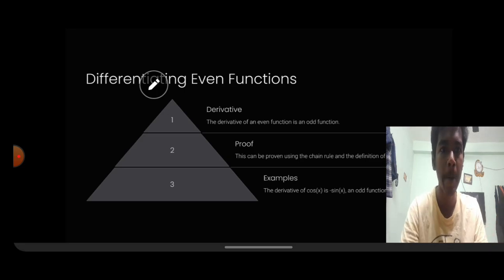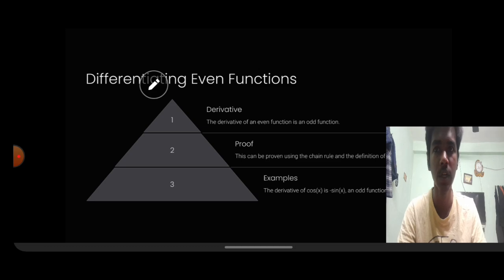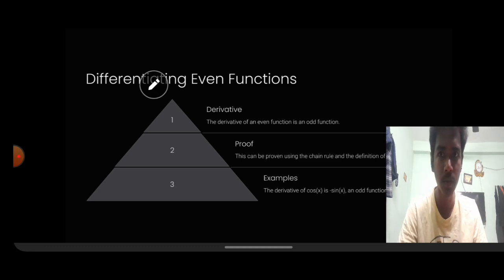Next we will discuss differentiation of even functions. First, the derivatives. The derivative of an even function is an odd function. For example, f of x is equal to x square, f dash of x is equal to 2x, an odd function. Next, the proof. This can be proven using the chain rule and the differentiation of the even function.